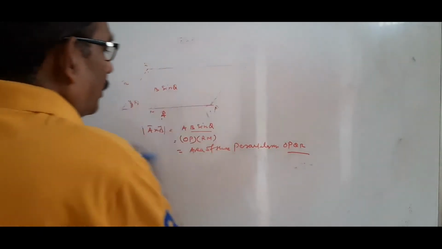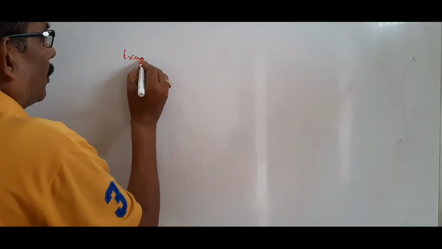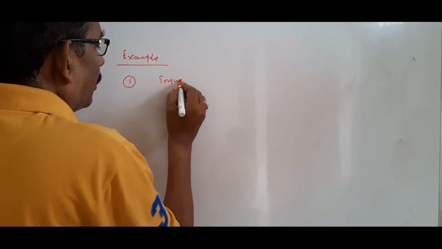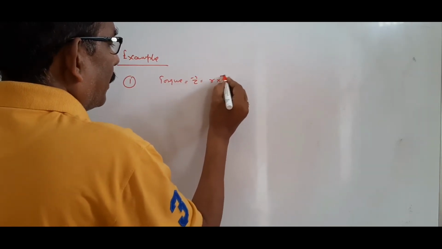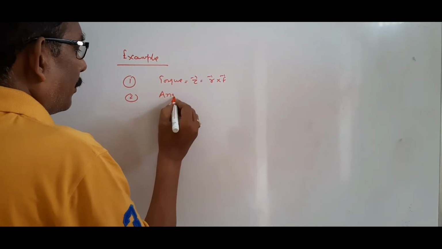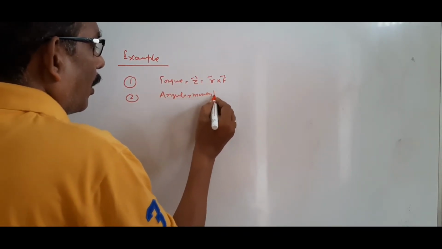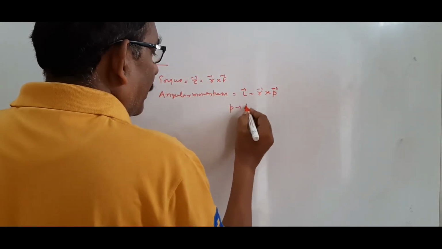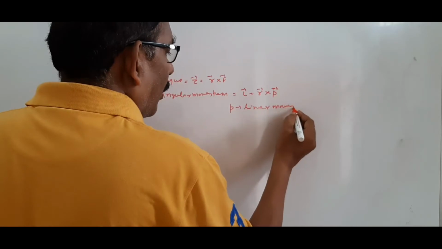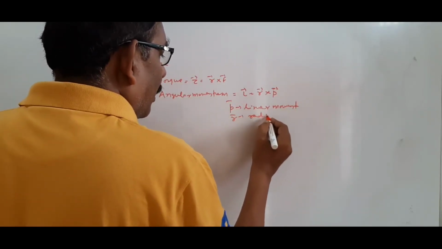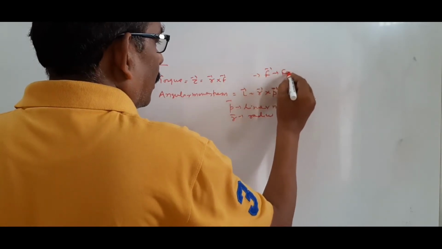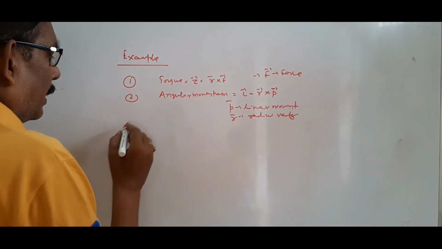Next, examples. One is torque, tau equals R cross F. Angular momentum, L equals R cross P, where P is your linear momentum, R is your radius vector, and F stands for force.